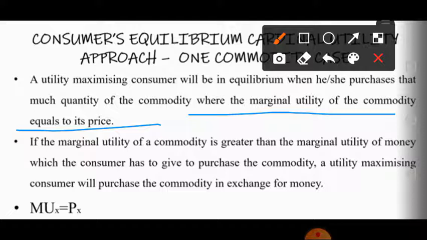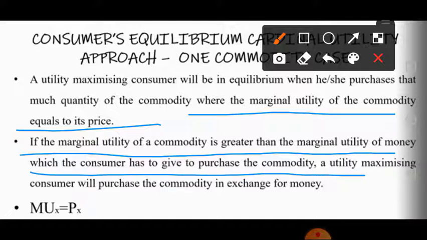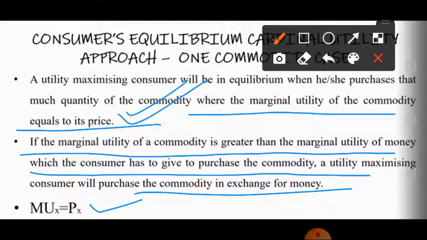We got the answer. The second point is given: if the marginal utility of a commodity is greater than the marginal utility of the money which the consumer has to give to purchase the commodity, a utility maximizing consumer will purchase the commodity in exchange for money. The condition is given, that is MUx equals Px, highlighting again the commodity where the MU of the commodity equals its price.